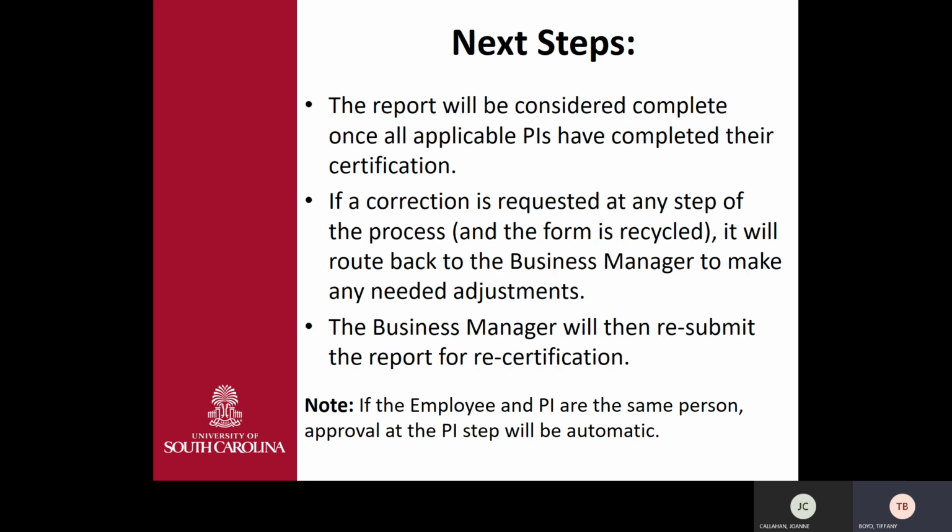So the next steps: the report will be considered complete once all the applicable PIs have completed their certification, and then the subsequent supervisor. At that point, the report will be fully executed and complete.